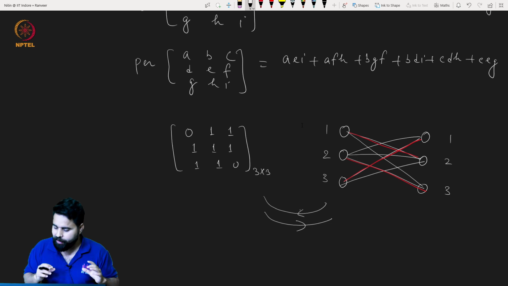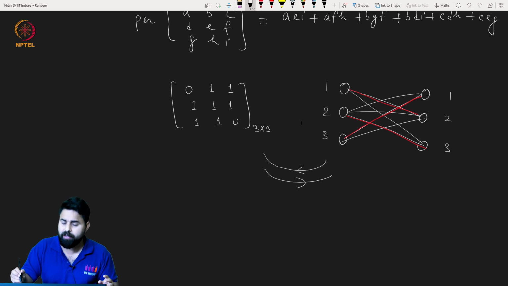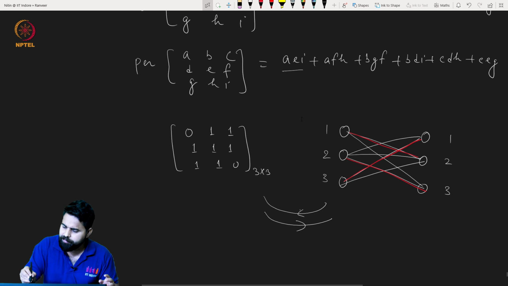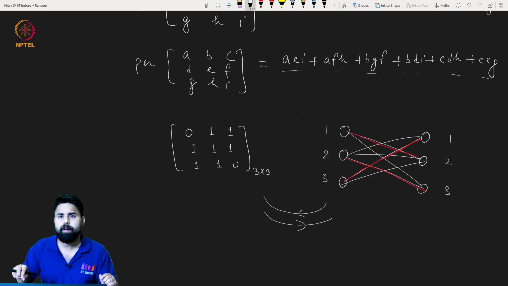You can easily establish that corresponding to every perfect matching there is a product term, and similarly corresponding to each term here there will be a perfect matching.